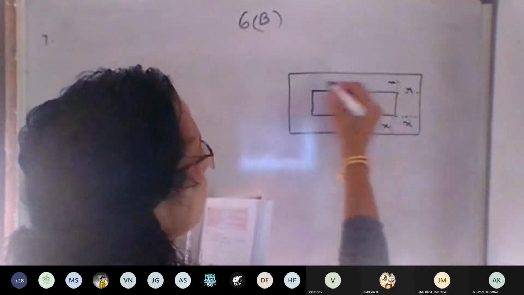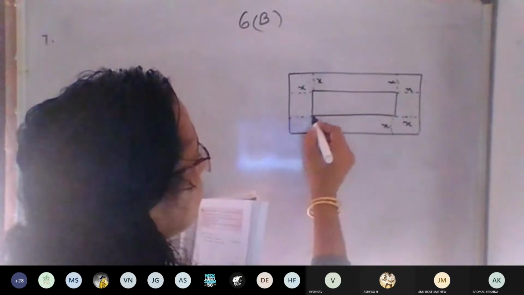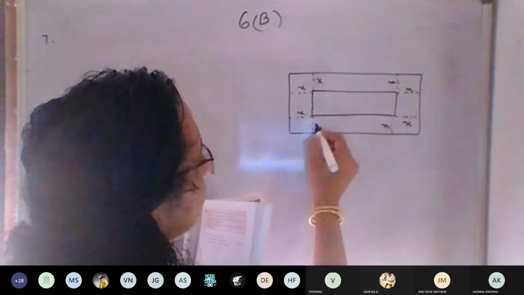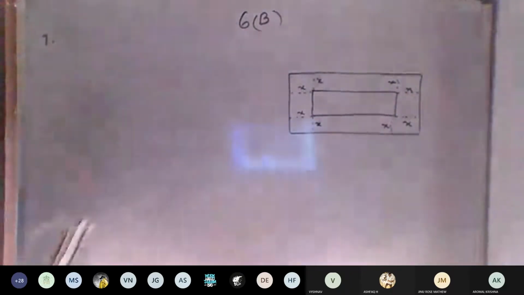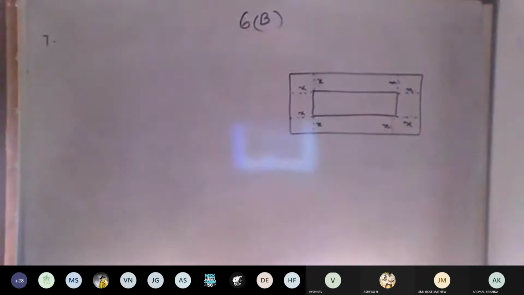Uniform width means here x, this also x, this is x, this is x. Then the area is given as 208.